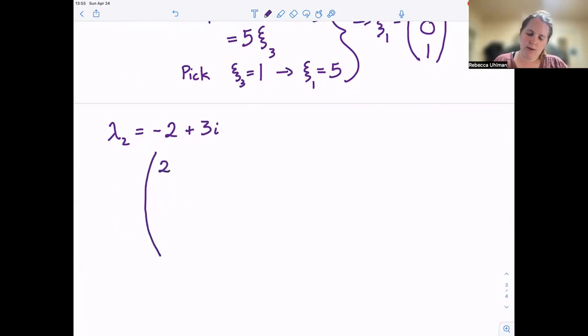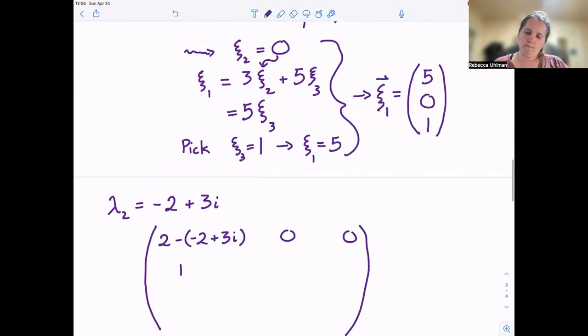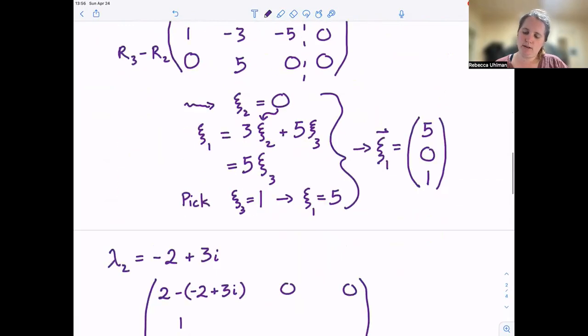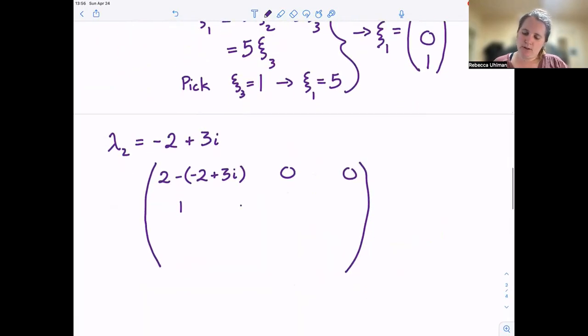We are looking at 2 minus lambda. So 2 minus, in parentheses, negative 2 plus 3i. And then 0, 0 for our first row. For our second row, we had 1, and then negative 1 minus lambda and negative 5. So our second position is negative 1 minus, in parentheses, negative 2 plus 3i.